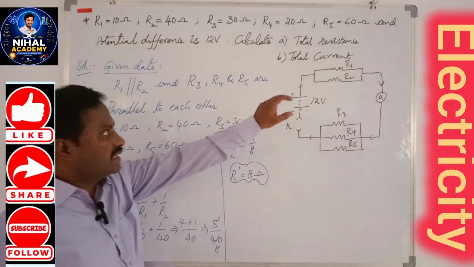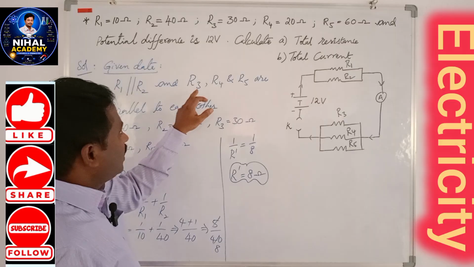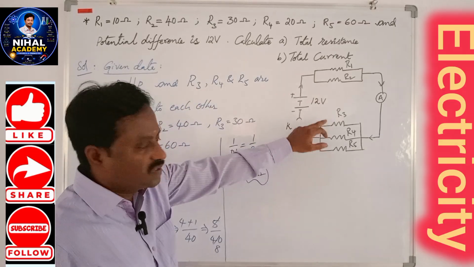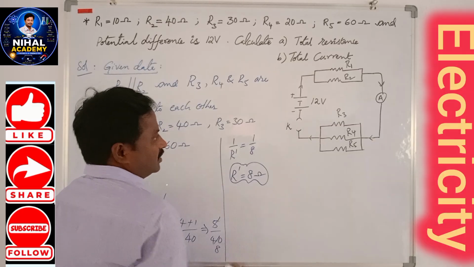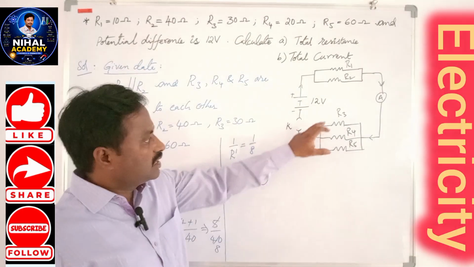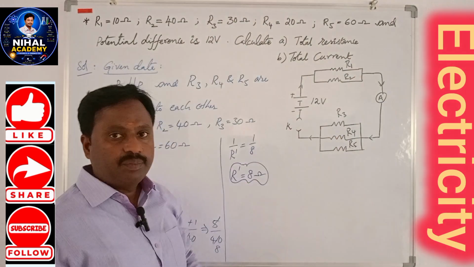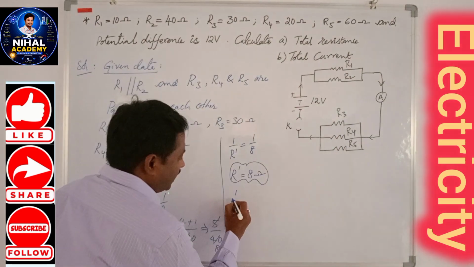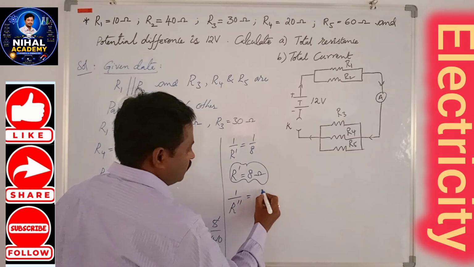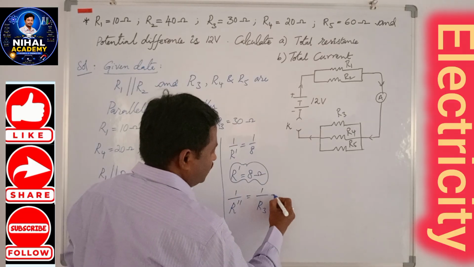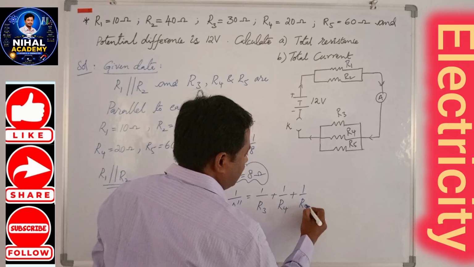So we have calculated the resultant resistance of the connection R1, R2. Now R3, R4, R5, these three are also in parallel. So we have to calculate the resultant resistance of these three. Again these three are in parallel connection. So 1 by R double dash is equal to 1 by R3 plus 1 by R4 plus 1 by R5.